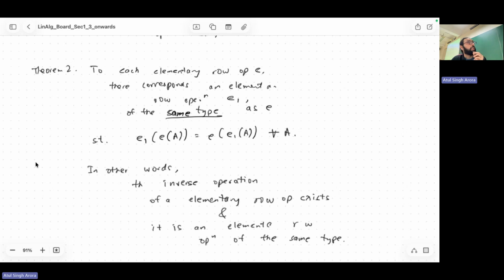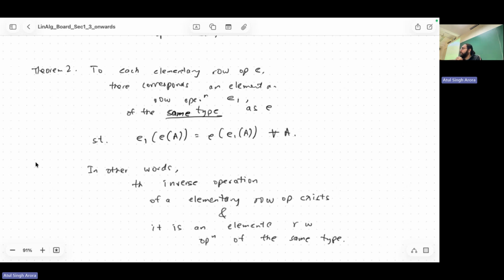Is the statement clear? All we're saying is that once you've applied an elementary row operation, which is what you were asking, if you apply it again, you will return, well, not the same operation, but the same type of operation. Then you can go back to where you started.